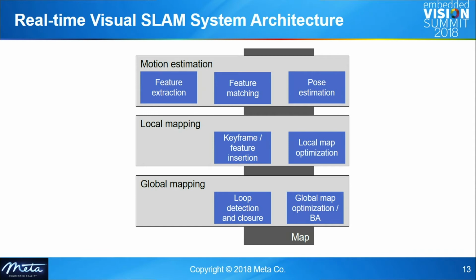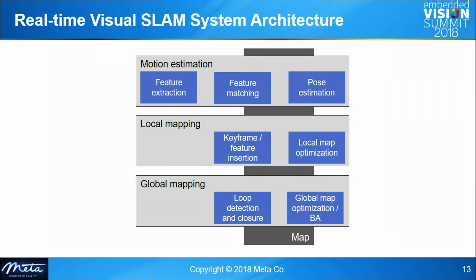Next, I will talk briefly about the pose estimation, which is used in actually all of these 3 components, and they just differ in terms of what you are actually optimizing for. In pose estimation, in optimization-based SLAM, you only optimize for the headset pose. In the local map optimization, you optimize for the headset or camera pose, as well as the local key points.